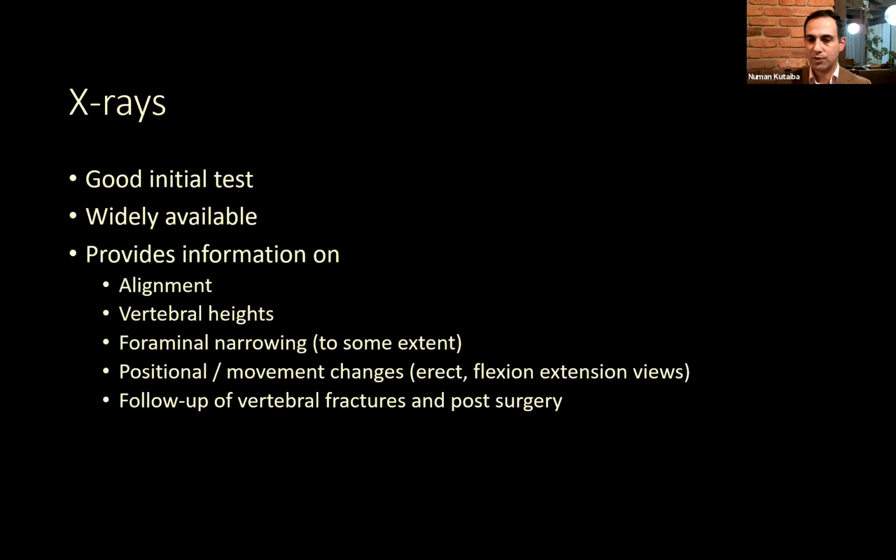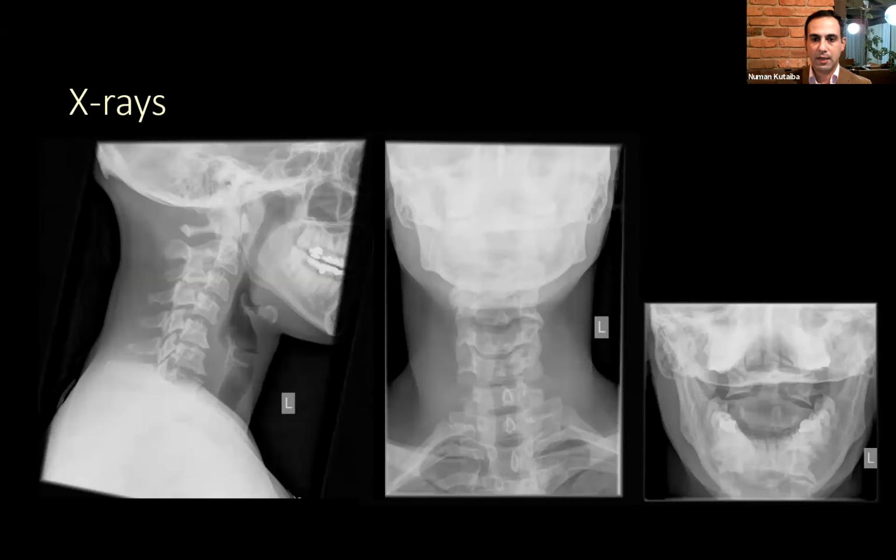They provide information on several important anatomical landmarks, particularly alignment and vertebral heights, but also positional and movement changes. We can do X-rays in supine position, erect position, and flexion and extension views, and just like fractures of long bones, radius and femur, you can follow vertebral fractures and post-op appearances of the spine.